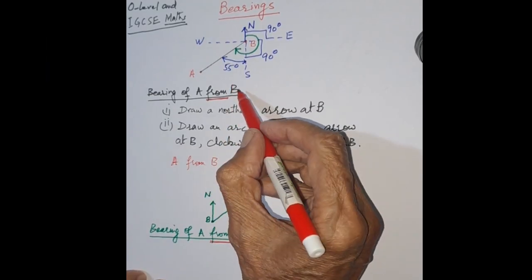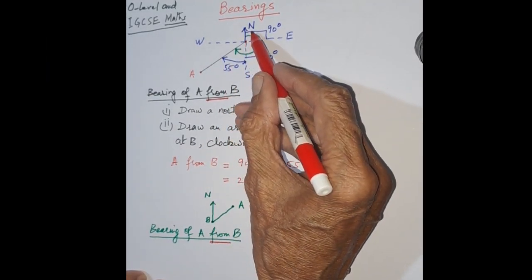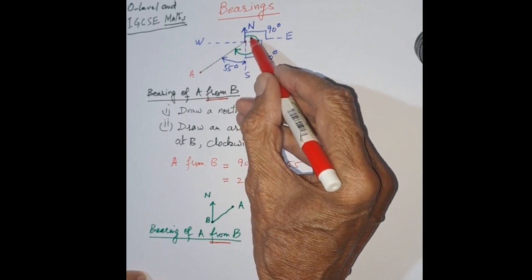For example, here this was from B, but B was here and we drew a northern arrow at B.